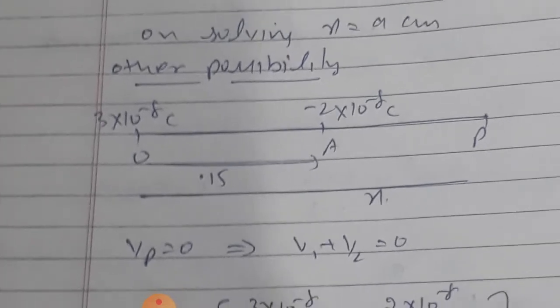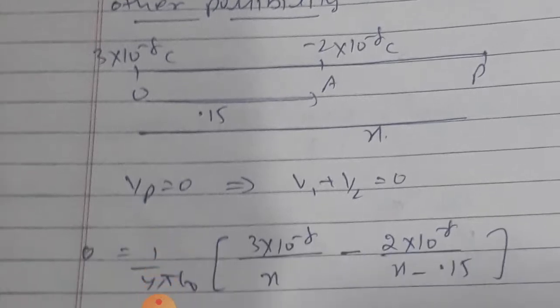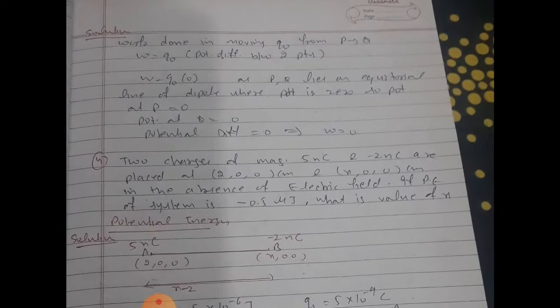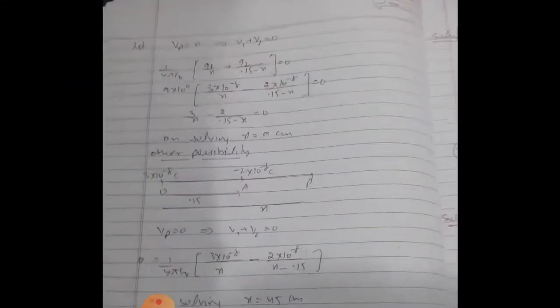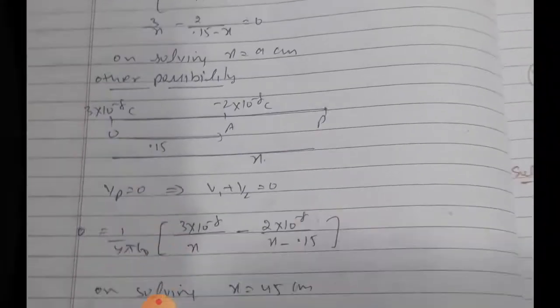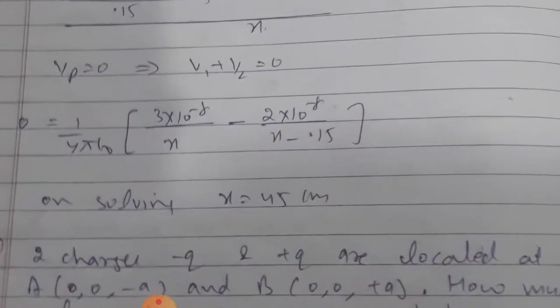So we have assumed that potential at point P is equal to 0, so Vp is equal to 0. It means V1 plus V2 is equal to 0, and if you put the values of V1 and V2 and solve, it comes out to be 45 centimeter.